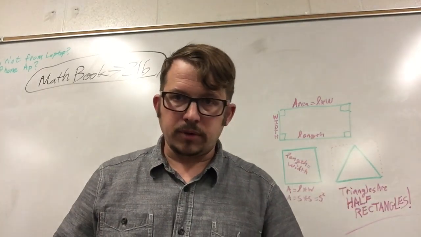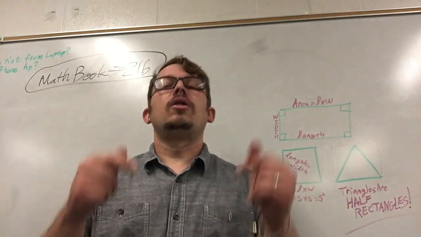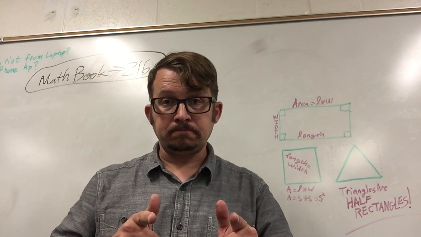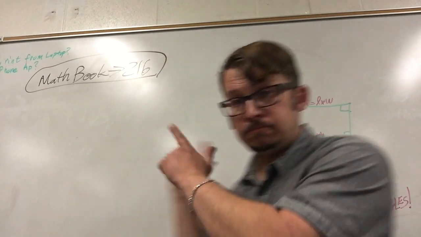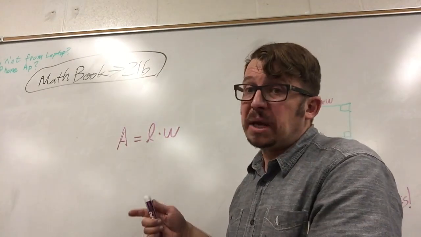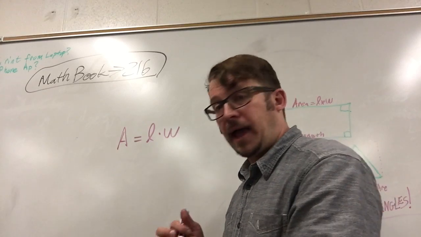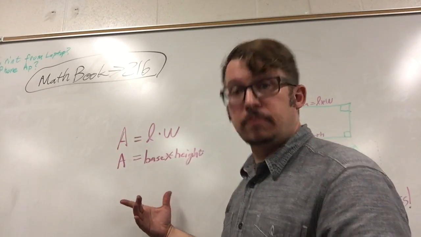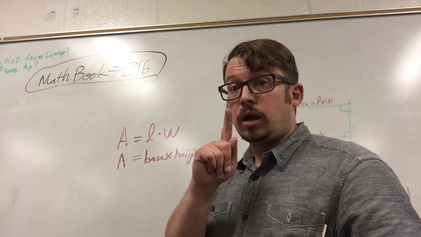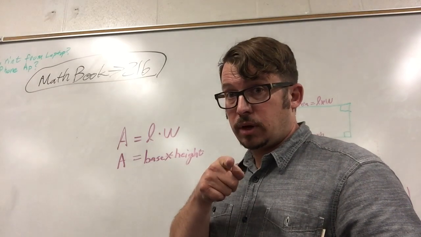Why are you talking about this, Mr. Starling? What was the point? The point was triangles are half a rectangle. The area of a rectangle is length times width, or base times height. We could call it that. Base times height as the area of the rectangle. Cool, got that. Now, what did we say a triangle was?